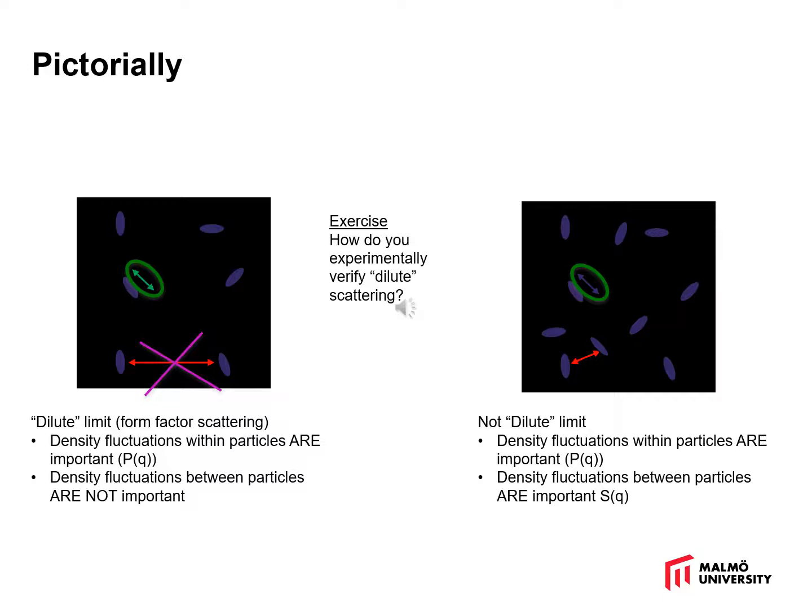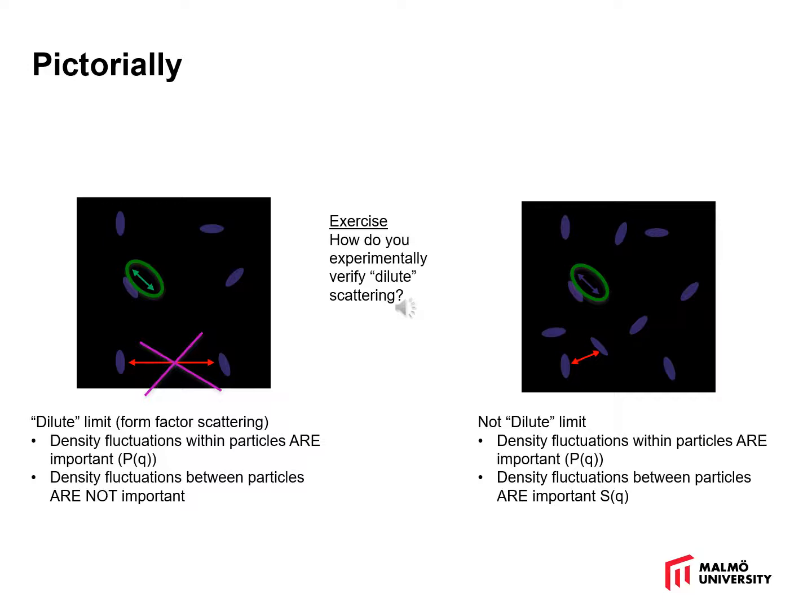Pictorially, one might think of it like this. So on the left-hand side, we have relatively dilute particles. They're a long way from each other. And if we do a Fourier transform of that, and indeed you can do that with the tools that I've shown you, the density fluctuations within the particle are important, i.e. the shape.